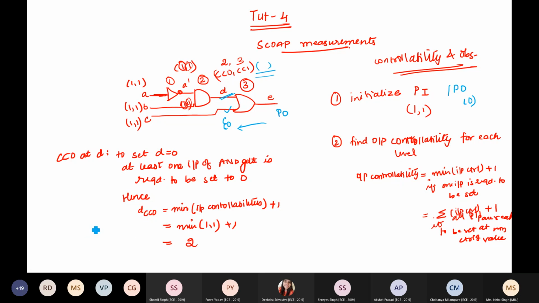So you will do it multiple times until you get constant values. Once you get the constant values of the controllability, all the infinities may go off, and that would be the point where your final controllability will be assumed.